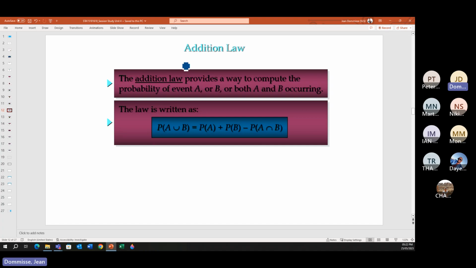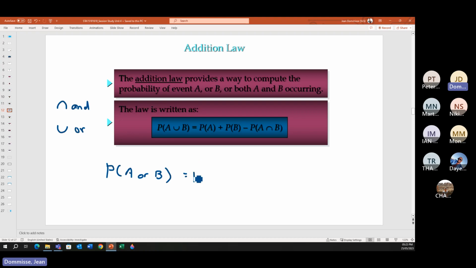So the addition law is then, what is the probability of A or B? Now we can see that sign means and, and that sign means or. So what's the probability of A or B?